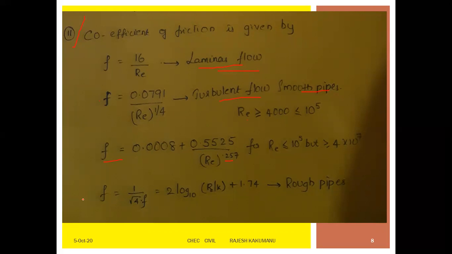Next, f value is given by 1 by root 4f is equals to 2 log 10 Re by K plus 1.74. That is for rough pipes. So we have laminar flow, turbulent flow in a smooth pipe, and turbulent flow in a rough pipe.